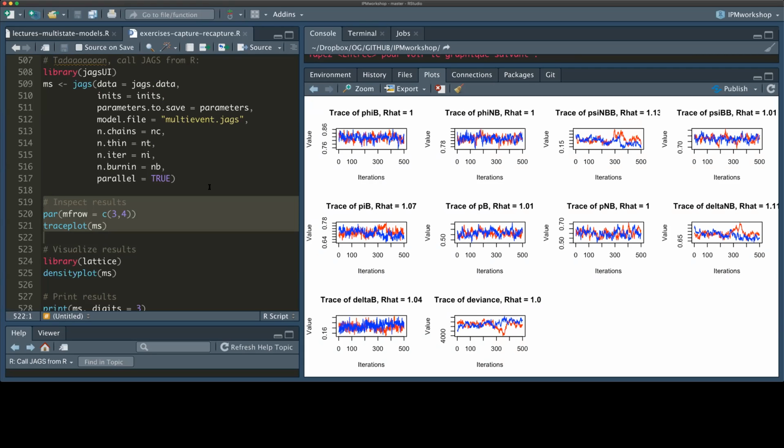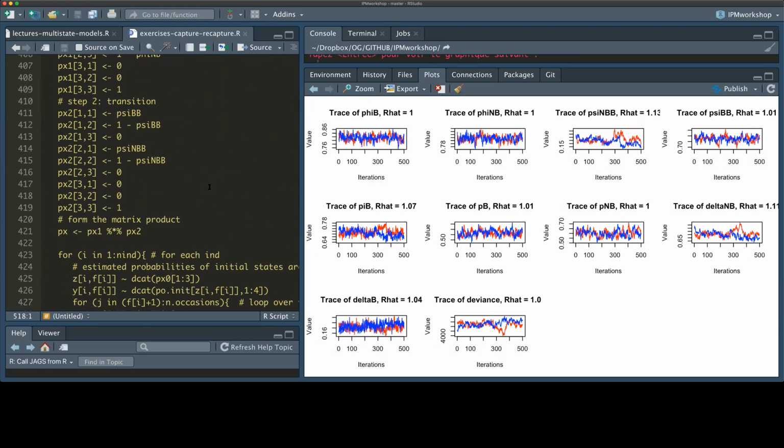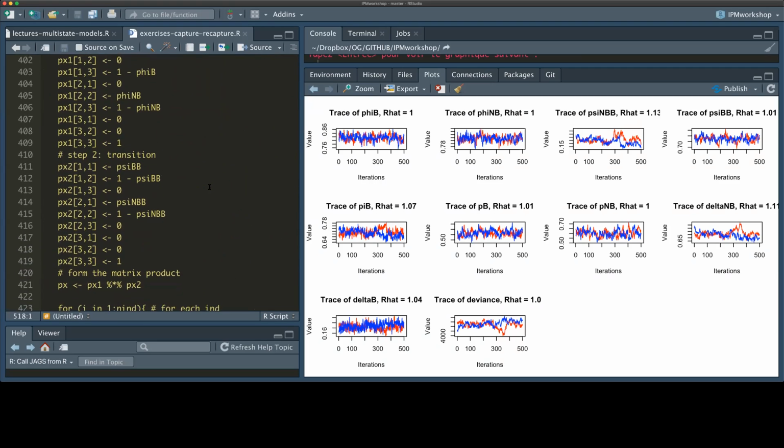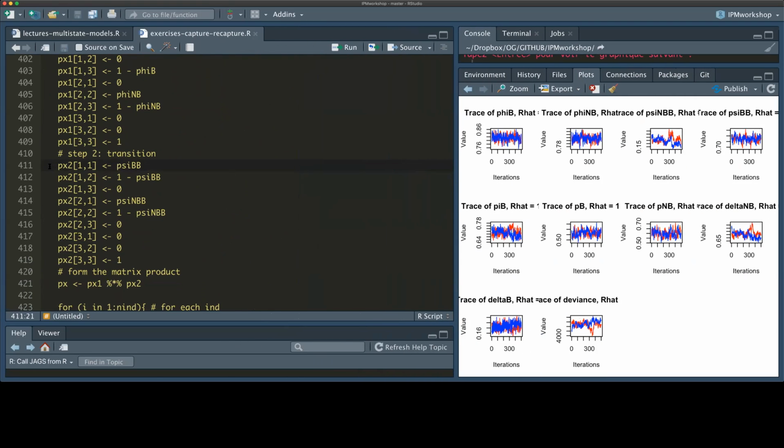Something you might have noticed is that the way I parameterize my transition matrix is a bit different from what we've seen so far. I just said, okay, I want the probability of staying in state breeder and the probability of going from state non-breeder to breeder. It's a way to assess reproduction trade-offs.